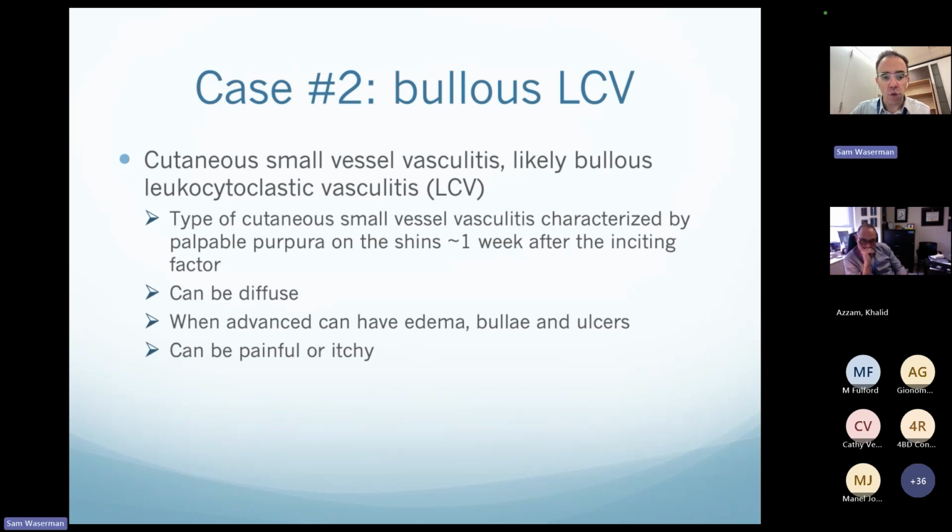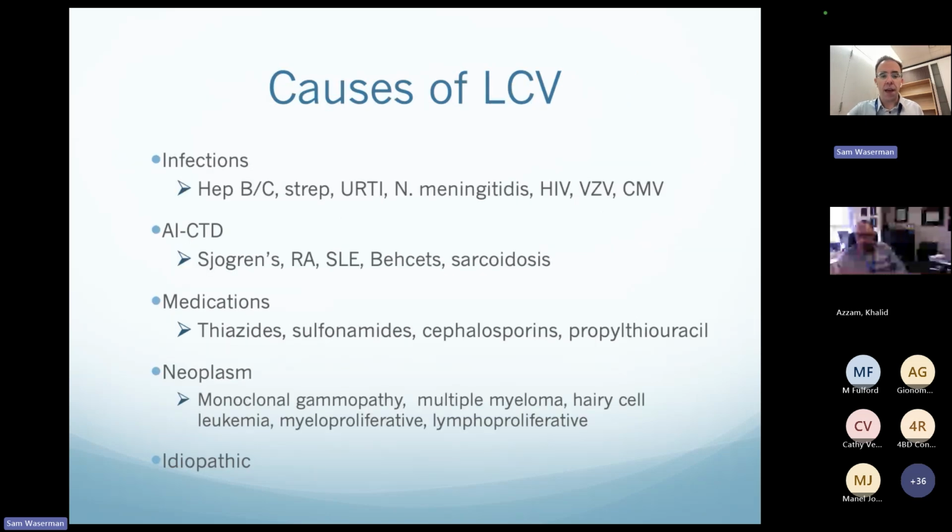It can be rather diffuse. Though it's concentrated on the lower extremities, it can be on the arms, legs, trunk, as it was with her. When advanced, you can have edema and bullae, as was the case with this patient, with accompanying ulcers. It can be painful or itchy. In her case, it was very tender.